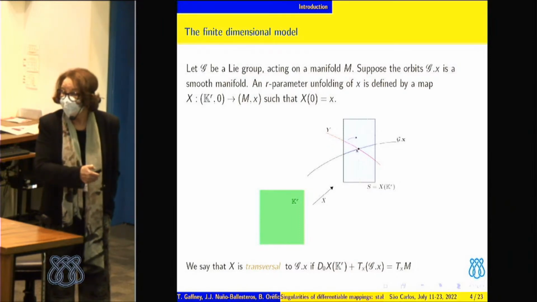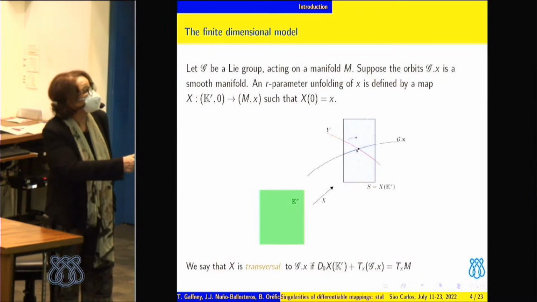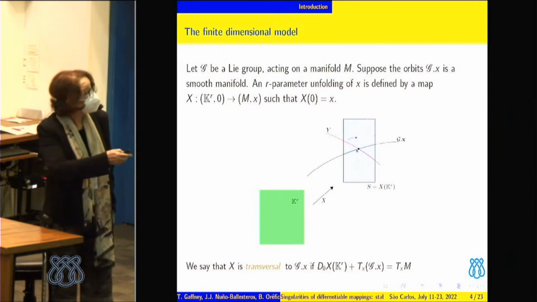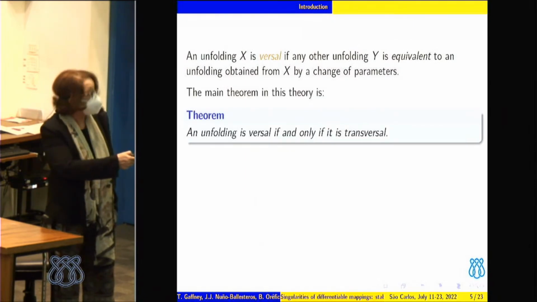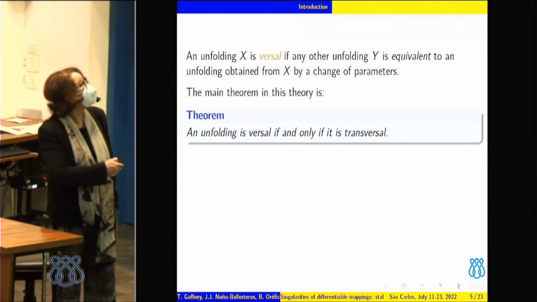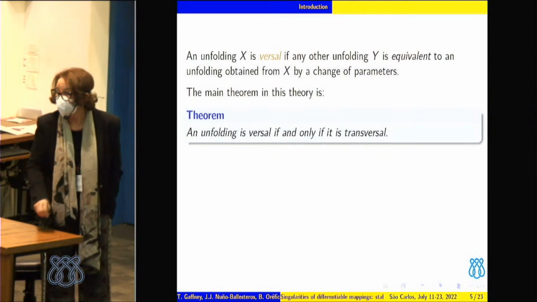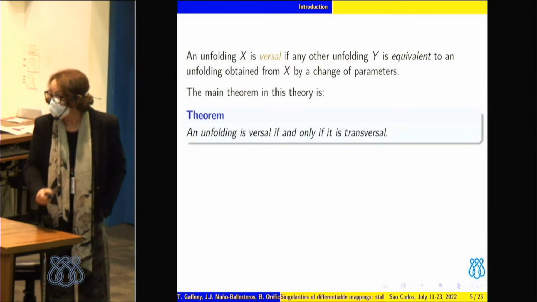In other words, an unfolding is versal if any other unfolding, Y here in my picture, can be understood by some family that lives inside the blue slice, okay? And then the main result of the theory is to prove that an unfolding is versal if and only if it's transversal. So then I have a good criterion to verify if a given unfolding is versal or not, right?